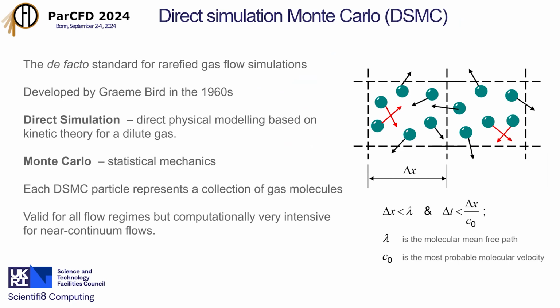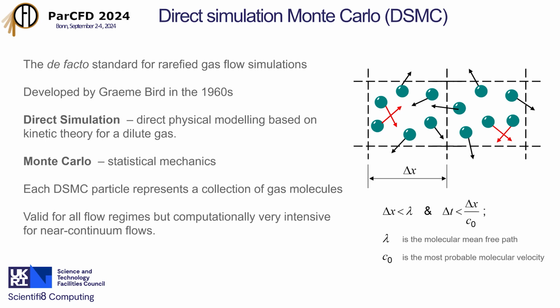And when you get to that level, the de facto standard for doing this is a method developed by Graham Bird in the 1960s called direct simulation Monte Carlo. Basically, each particle represents a collection of gas molecules. They collide in a stochastic way, and you can get a representation of what's going on in the gas. It's, in principle, valid for all flow regimes, so we could use it for continuum problems.